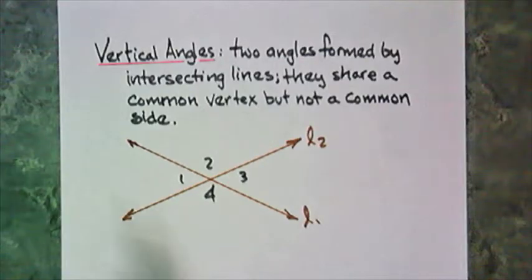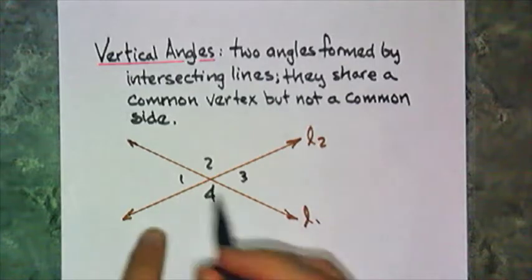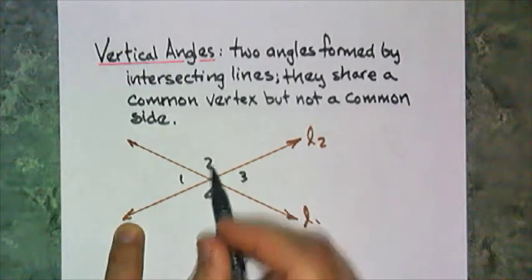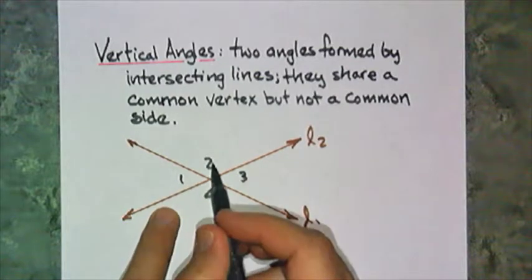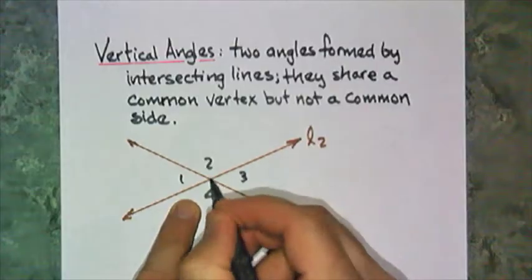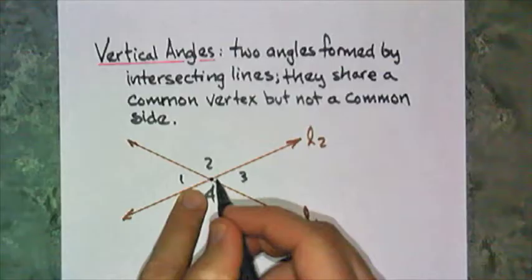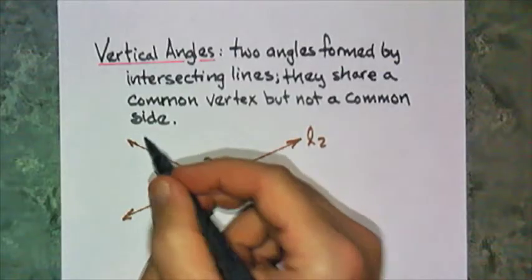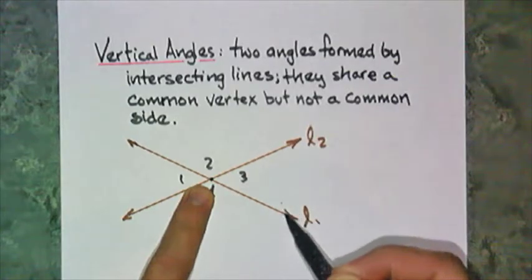Now, that's a line, that's a line. From earlier, there are linear pairs, and I have some vertical angles here too. Angle 1 and 2 are actually a linear pair. 2 and 3 are a linear pair because they share a vertex and a side, and the non-common sides form a line.